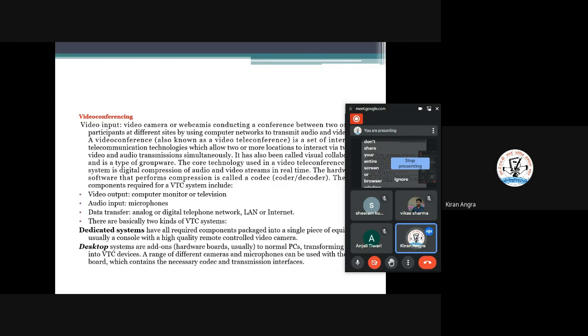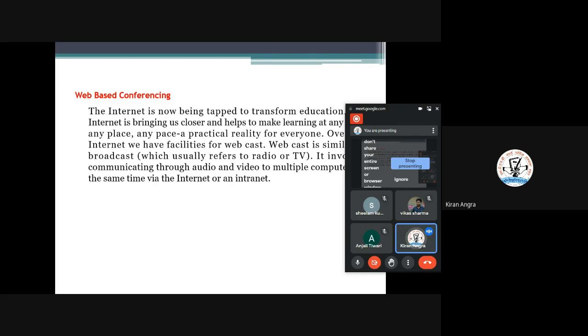Then comes the web-based conference. As I already told you, the internet is bringing all of us together. We can read anytime, anywhere. The internet usually facilitates webcast. The webcast is similar to a broadcast, as I told you just now. It also carries numerous audio and video streams to multiple computers at the same time via internet or intranet.